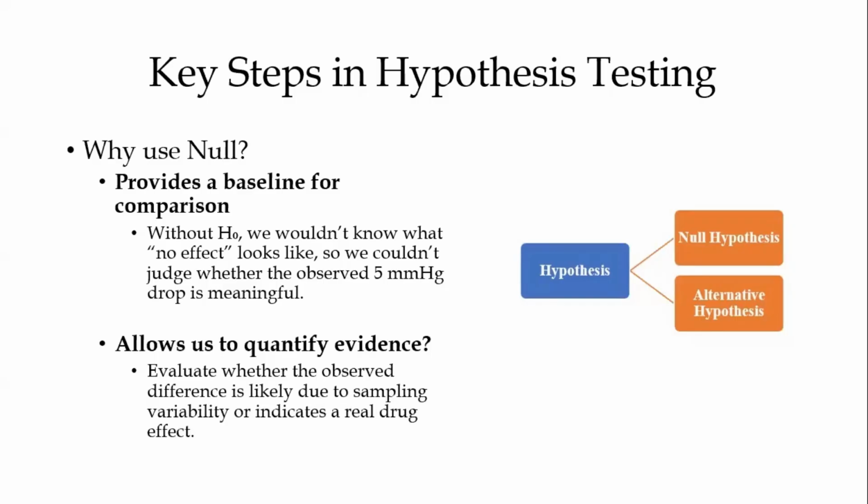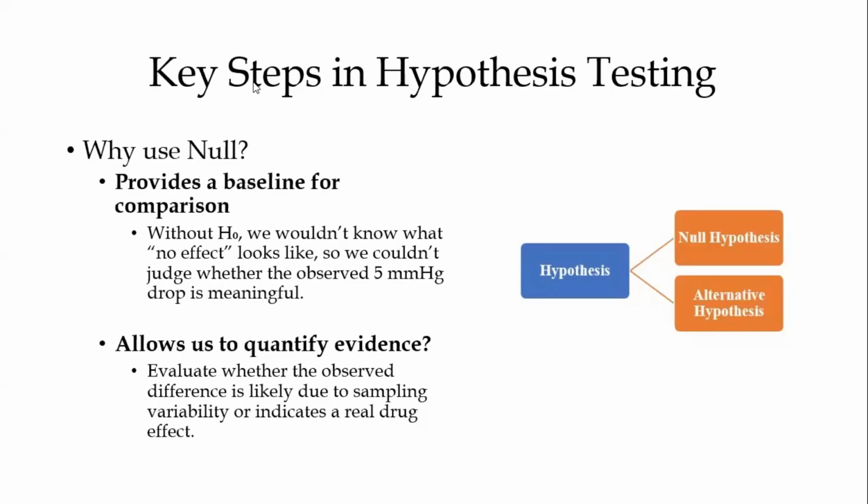The other reason, according to descriptions of these methods of null hypothesis significance testing, is that it enables us to quantify evidence. To quantify evidence in the sense that the effect we are seeing, is it because of a true effect of that drug, or is it just because of random variation or random error or by chance?